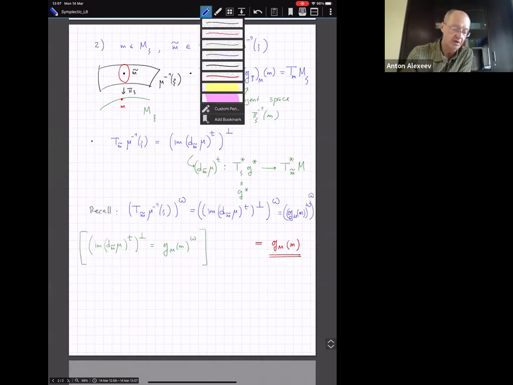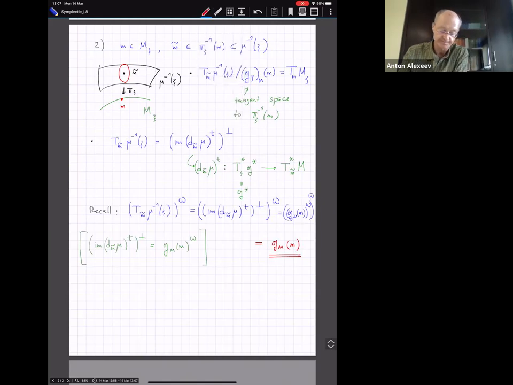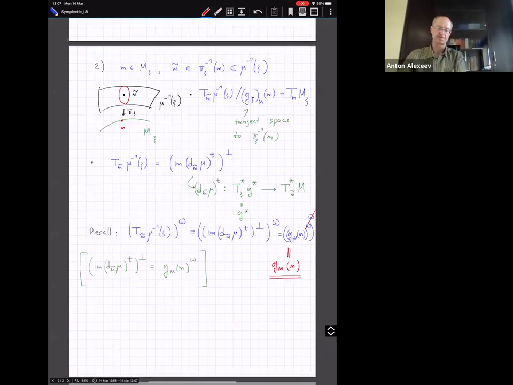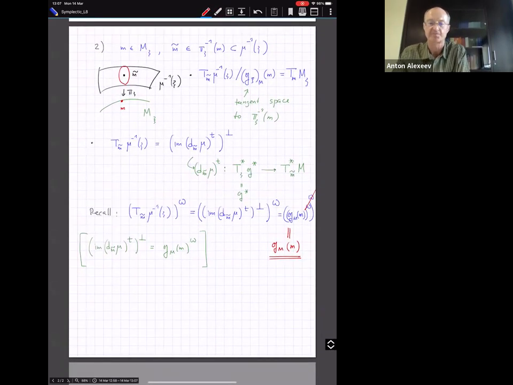But if I do omega orthogonal twice, I simply get back what I wanted. Yeah, sorry. You know, with many steps, one is also getting confused. All right. So the omega orthogonal of this is GMM orthogonal.